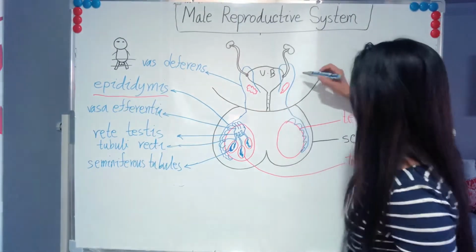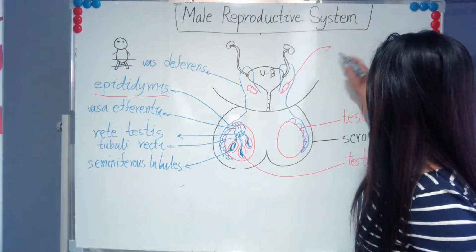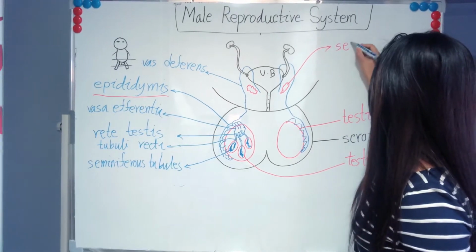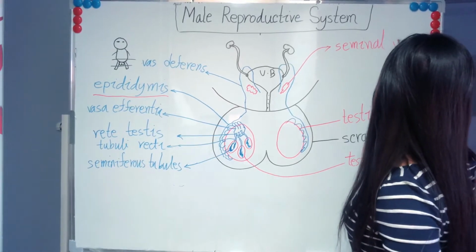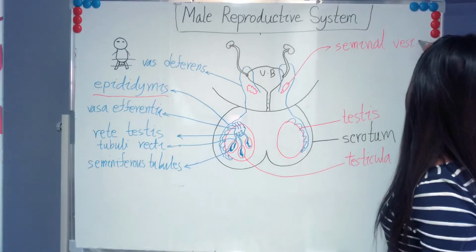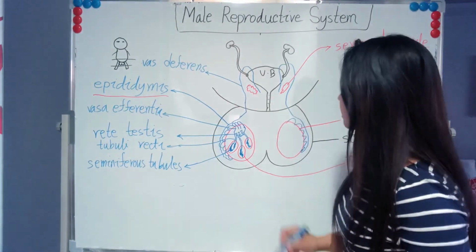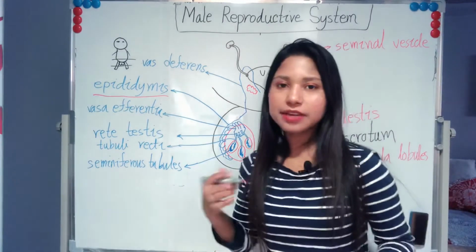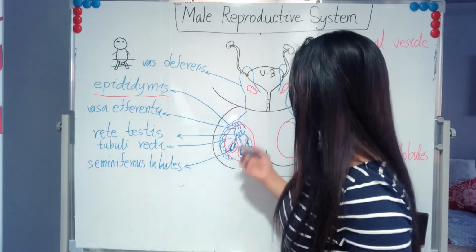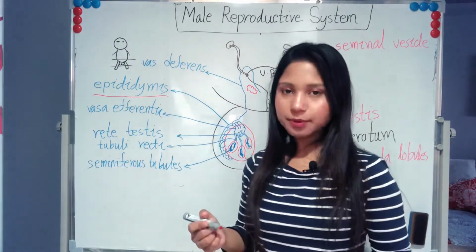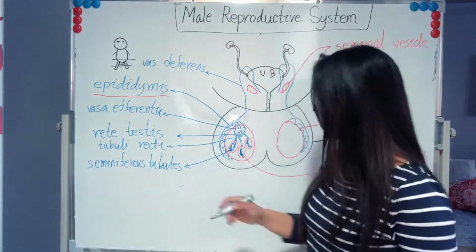This gland is called seminal vesicle. This gland secretes fructose, the main food source for sperm. That is the main food or energy source for sperm.